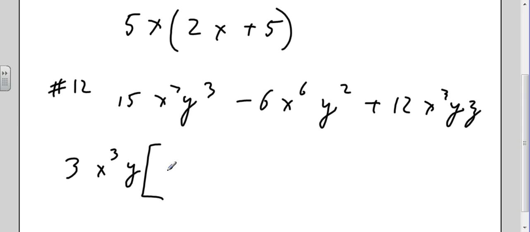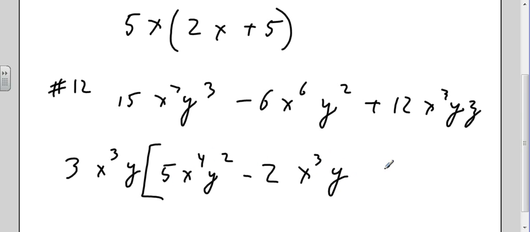What do I have left over? I have 5 x to the 4th y squared minus 2 x cubed y plus 4z. I'm just not doing anything particularly cool there.